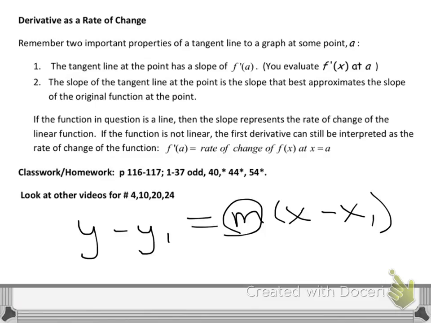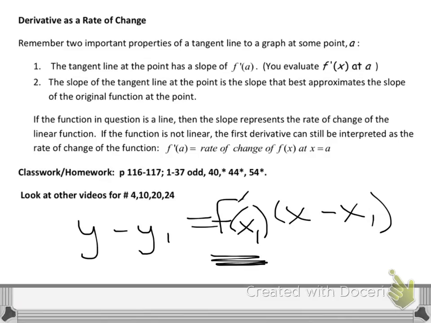So we're going to erase the m, and we're going to instead put in your slope. So I would say f prime of not just x, but f prime of x1. So remember to differentiate between the generalized slope and the specific slope when writing an equation of a tangent line drawn to a curve.